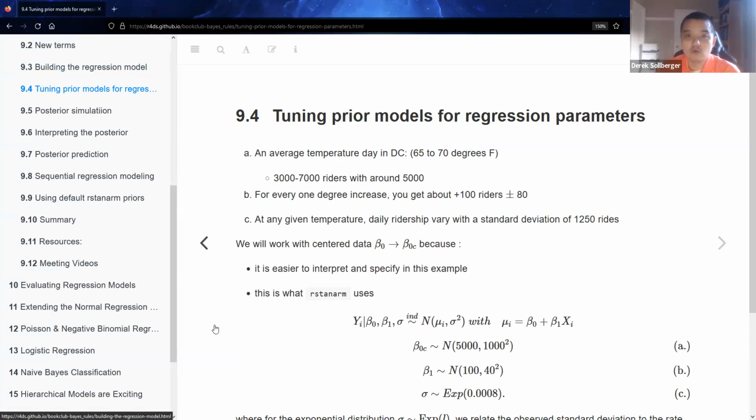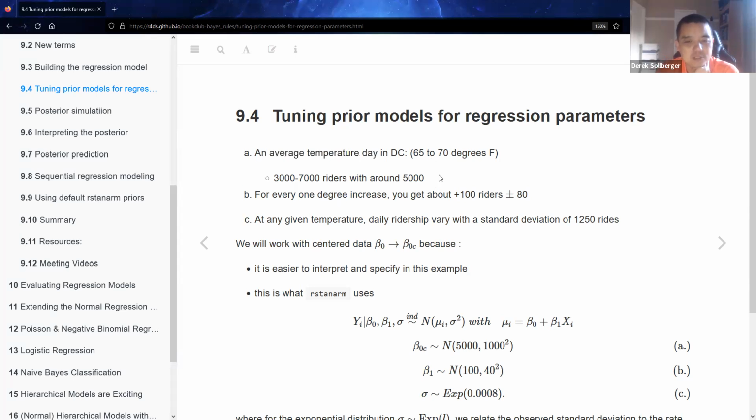The folks who work with this data quite a bit, who talk about this bicycling behavior, would have some domain expertise and some knowledge about what we could use for our prior distributions. And thus, we should think about tuning the prior models to get ourselves into a good situation to then do our subsequent calculations with the likelihood and the posterior distribution.